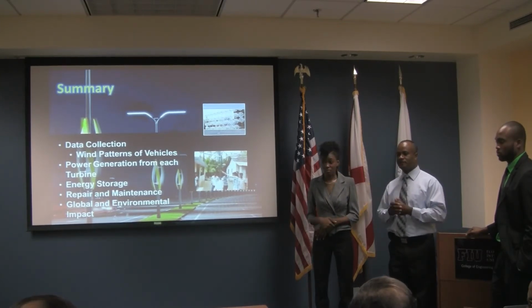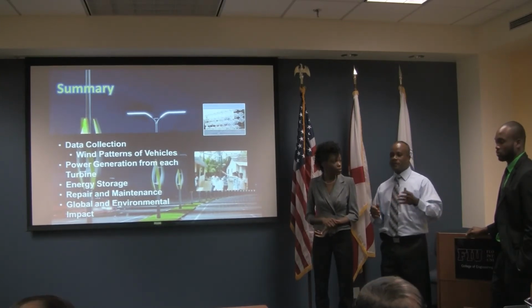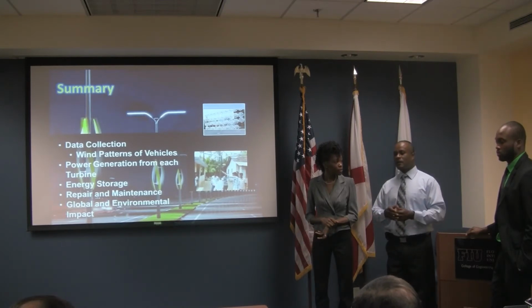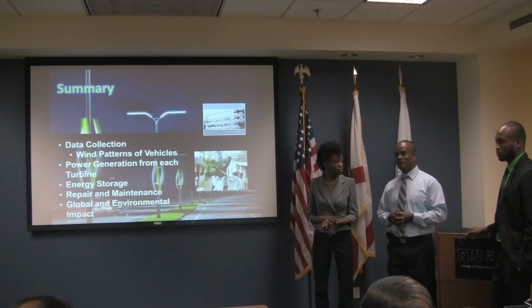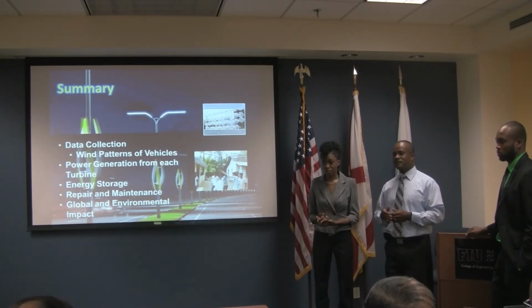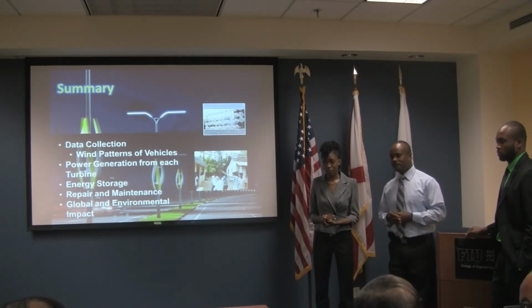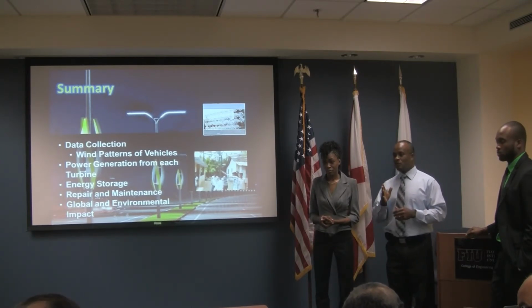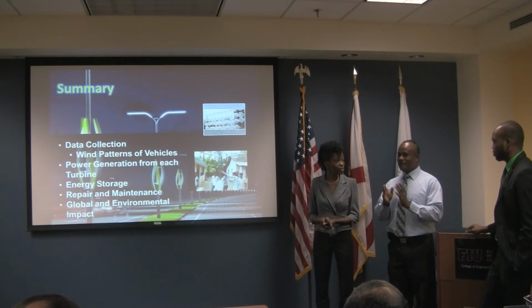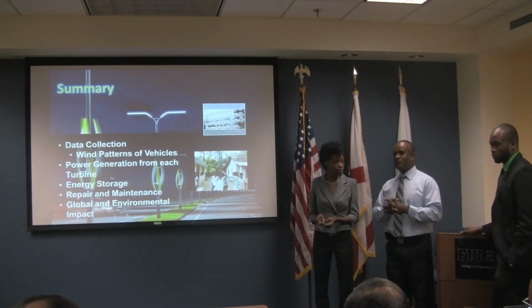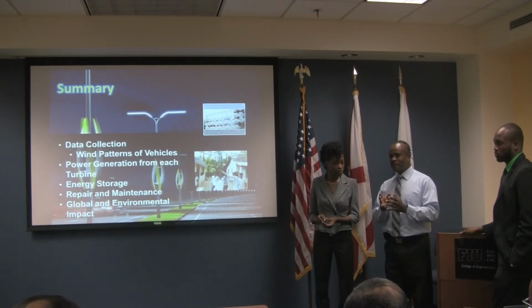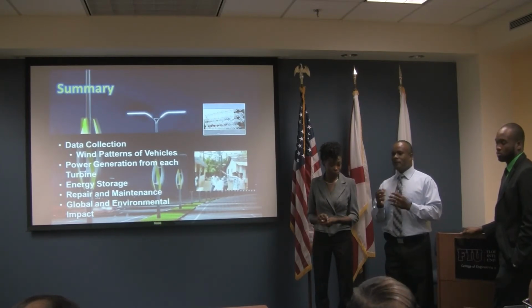What if you don't have a median? Well, if we don't have a median, we can put it on this side of the street. 8 meters away from a moving car, we have 3 to 5 miles per hour wind being generated. So you're basically saying you're going to restrict this to highways, not all roadways? Well, no. That is the reason we came up with our Darrieus design, and we're trying to incorporate a solenoid in that design.